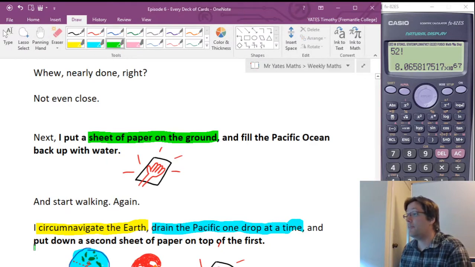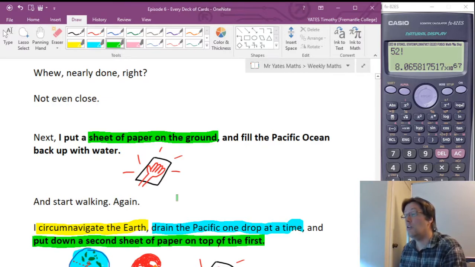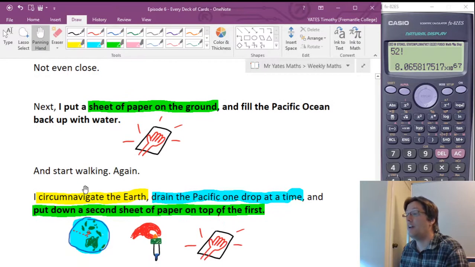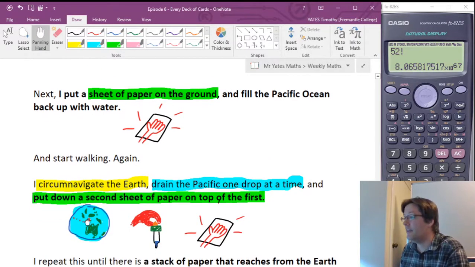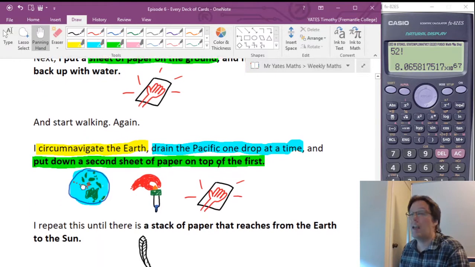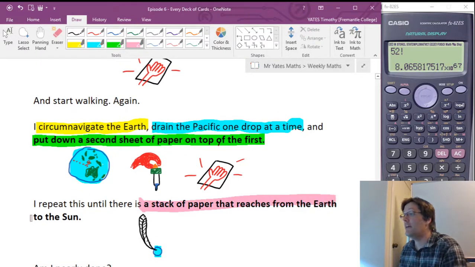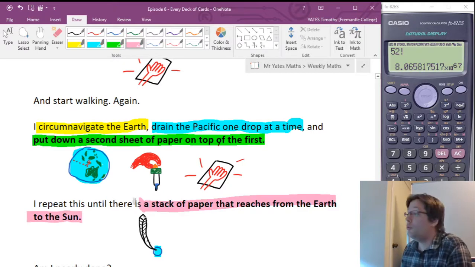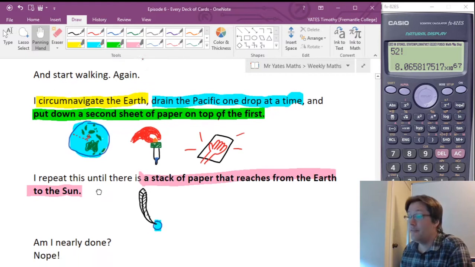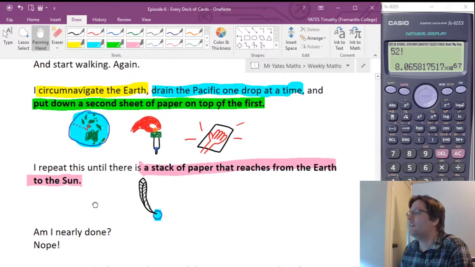And then after I'm done, I'm going to put a second sheet of paper on top of the first, after I've completely drained the Pacific again. And I'm going to repeat this until there is a stack of paper that reaches from the Earth all the way to the sun. Great. Am I nearly done? No, not even close.